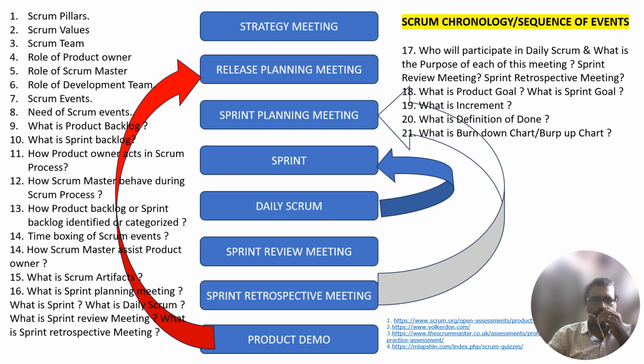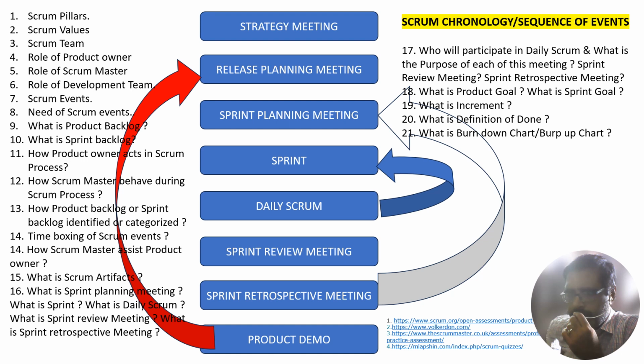Scrum events, right? The sprint is a container. What does a Scrum event mean? The sprint is a container for all other events. Each event in Scrum is a formal opportunity to inspect and adapt Scrum artifacts. We will discuss Scrum artifacts in the later part of the video.